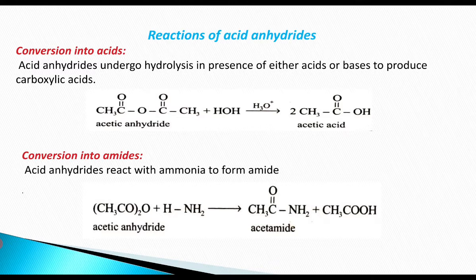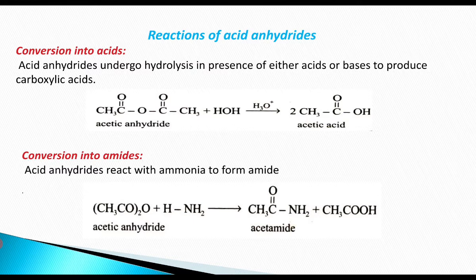That is, acetic anhydride, I have taken the example, on hydrolysis gives rise to acetic acid. We know that in the preparation of acid anhydrides, we have seen that acid anhydrides are obtained from two carboxylic acids with the loss of one water molecule. Therefore, acetic anhydride on hydrolysis gives rise to two molecules of acids.